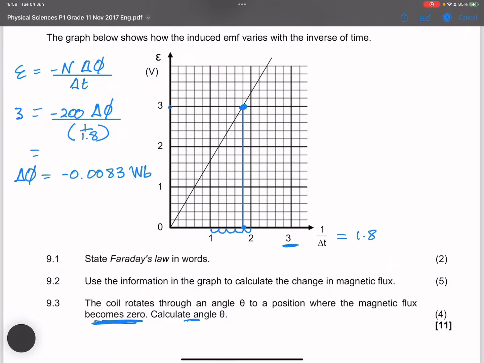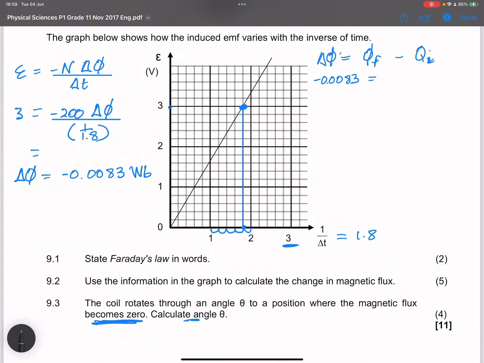Now remember, so that means that the change in magnetic flux would be equal to the initial flux minus the final one, the final minus the initial rather. Okay, so we know that this should give us minus 0.0083. That's the change that we got.